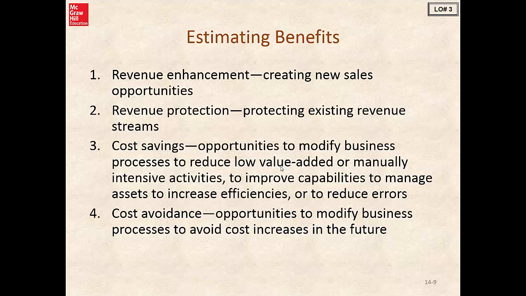We want to automate where we can and reduce manpower. We have a limited amount of manpower, but computing power can be much more powerful if leveraged correctly. So we do this to improve capabilities to manage assets, to increase efficiencies, or to reduce errors. And then cost avoidance, opportunities to modify business processes to avoid cost increase in the future.